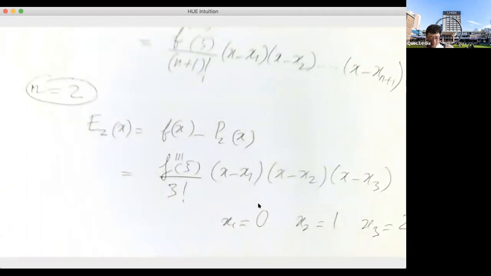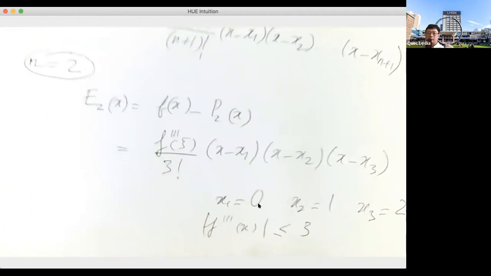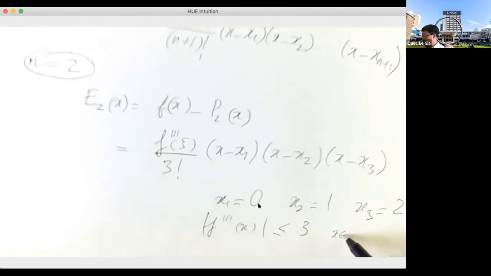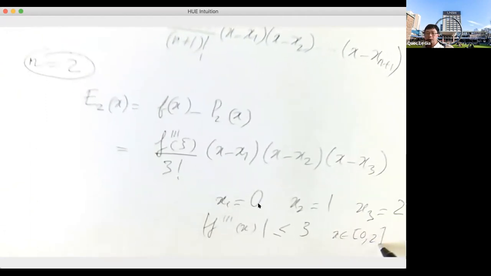And the second piece of information is that the absolute value of f triple prime is less than or equal to 3 for all x in 0 to 2, right? For x in 0 to 2.